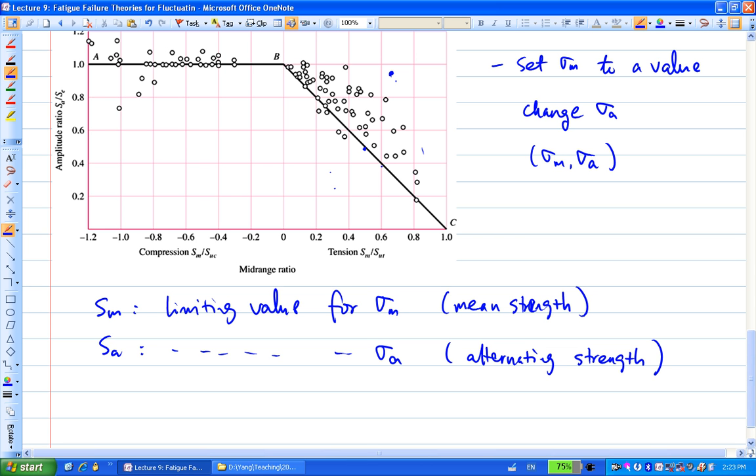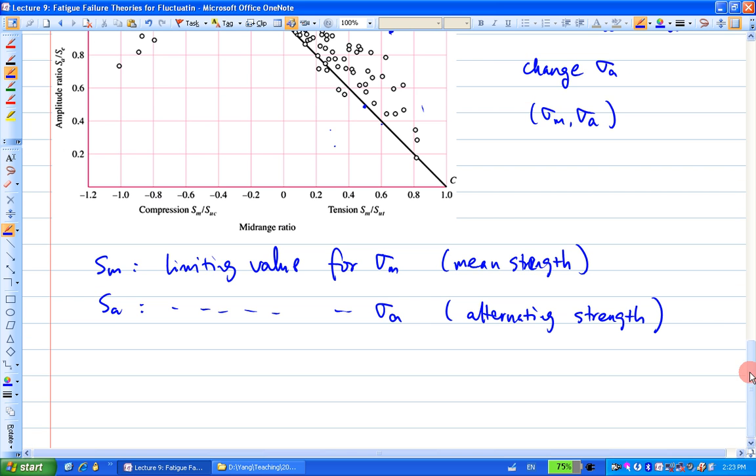So now you've got this diagram, and the whole question here is that this is one way of approximating this data, and you can definitely see I may have some other ways to approximate the data. That's actually the basis of the following failure theories.